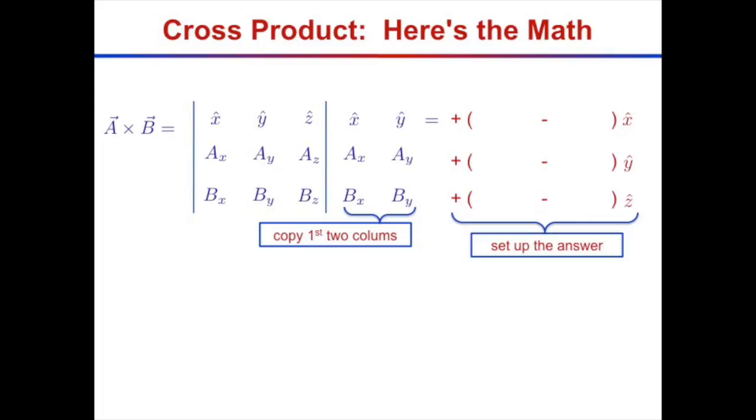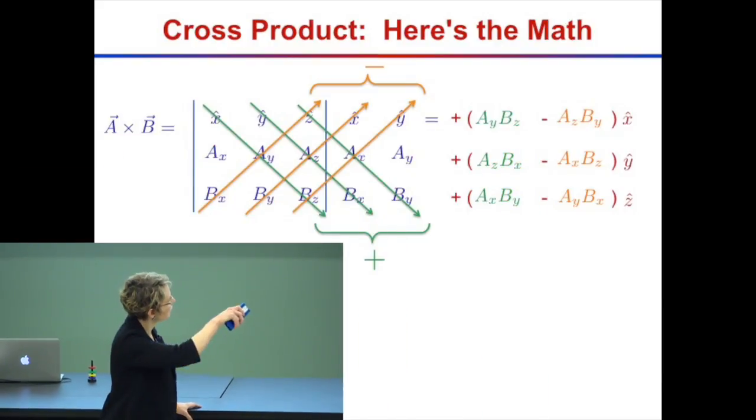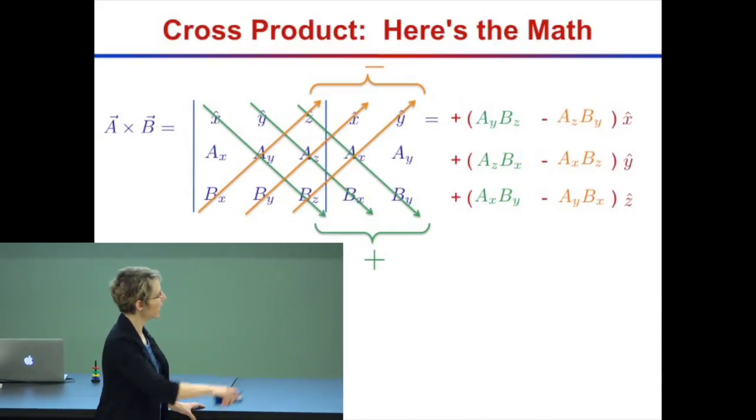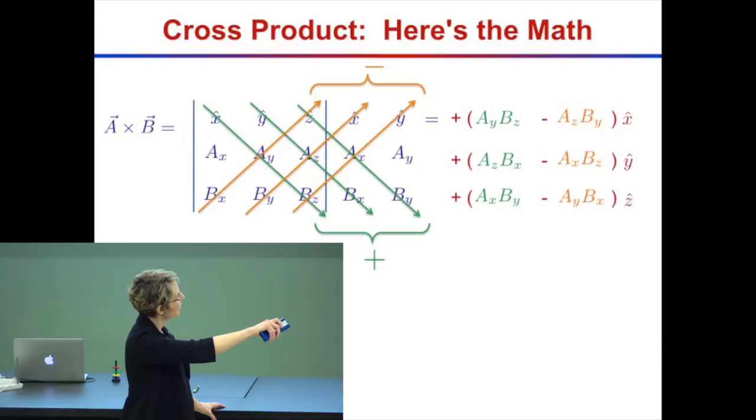All right? Now I'm going to set up my answer over here. I'm going to have some terms in the x hat direction, some terms in the y hat direction, and some terms in the z hat direction. Okay? And the key is that for the terms that head down and to the right, so now I draw some arrows down and right diagonally, right? Whatever this arrow picks up gets a plus sign and goes in the x hat direction.